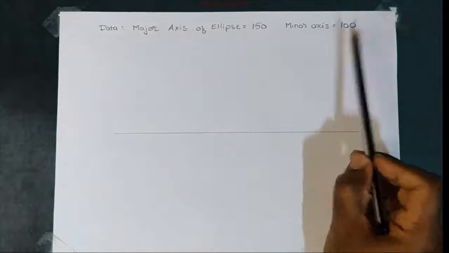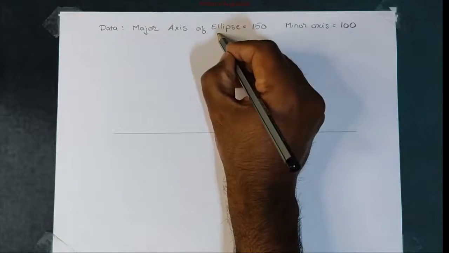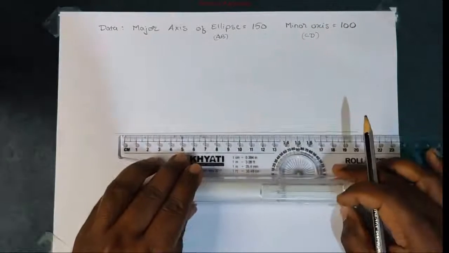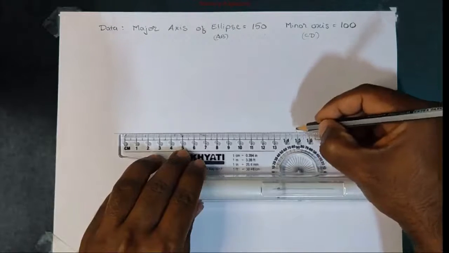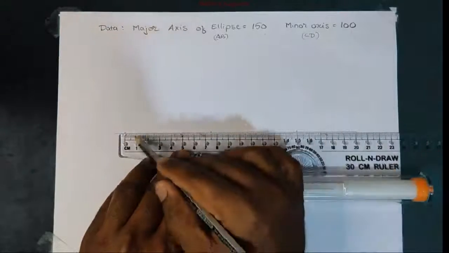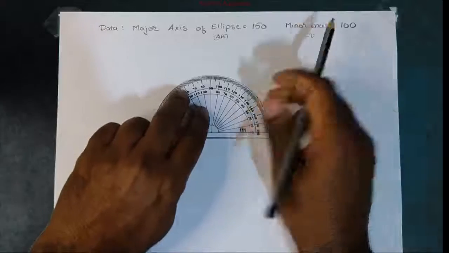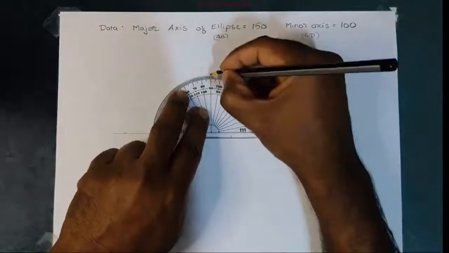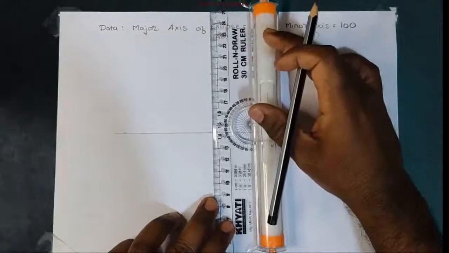So the problem solving starts by drawing a horizontal line on which we take a distance of 150 mm, and we mark the center point as shown. About this center point, I take a perpendicular, that is the minor axis I am constructing.